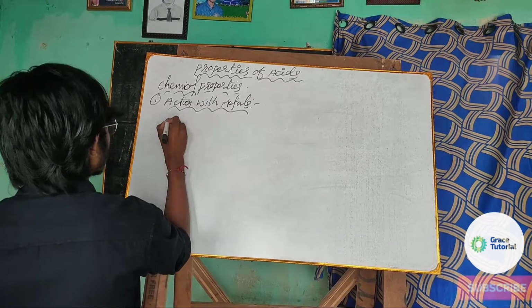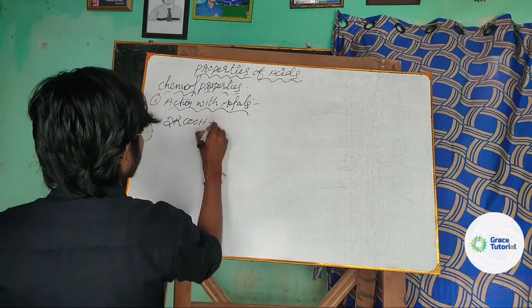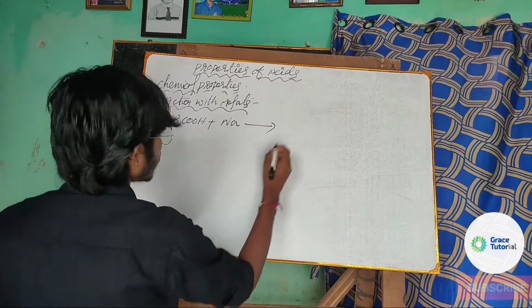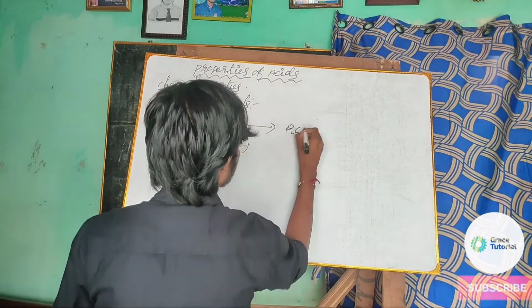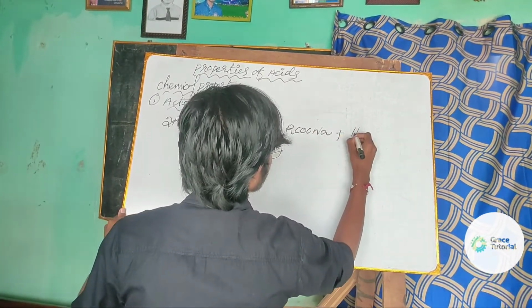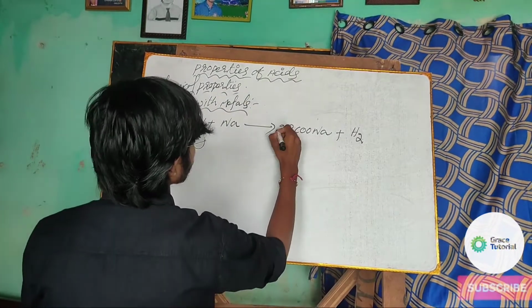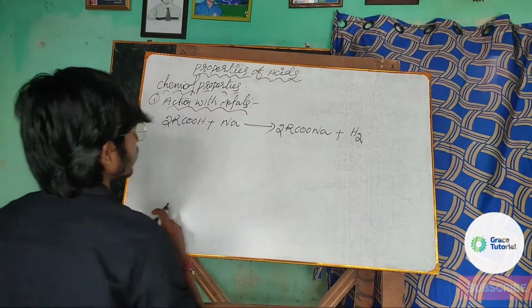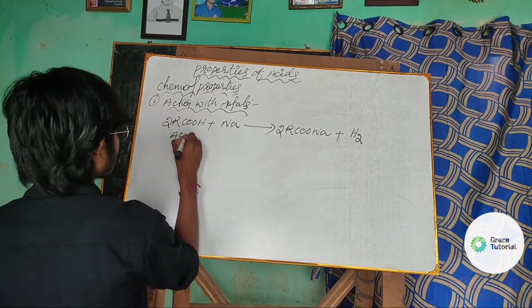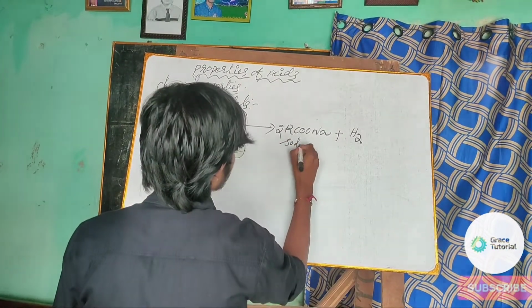Suppose I have taken two molecules of carboxylic acid. When it reacts with the metal sodium, it gives RCOONa, sodium salt, along with hydrogen gas evolved. So what is the specific example? This is the acid and this is the sodium salt of the acid.